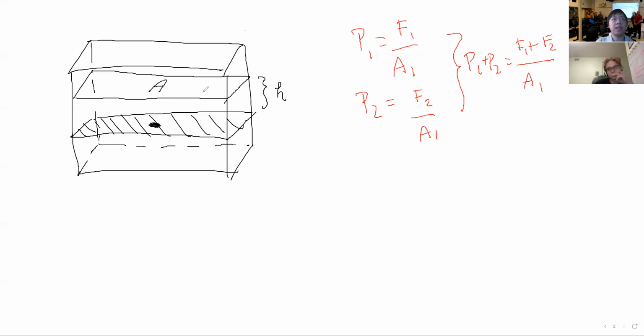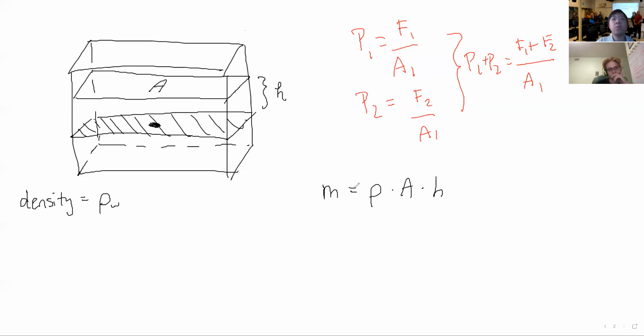If this is A and that's H, and density is rho, then the mass is equal to rho times A times H, right?